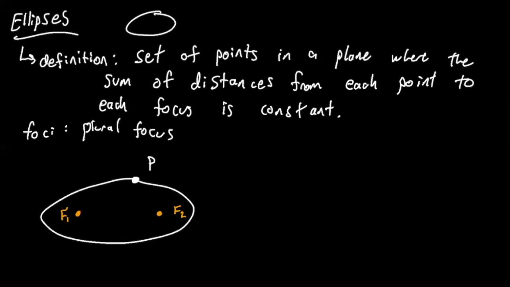The distance between our point and F1 we could call D1. The distance between the point and F2, our second focus, could be D2. In this case, D1 plus D2 is equal to some constant. Let's just call it capital D. So D1 plus D2 is equal to capital D.